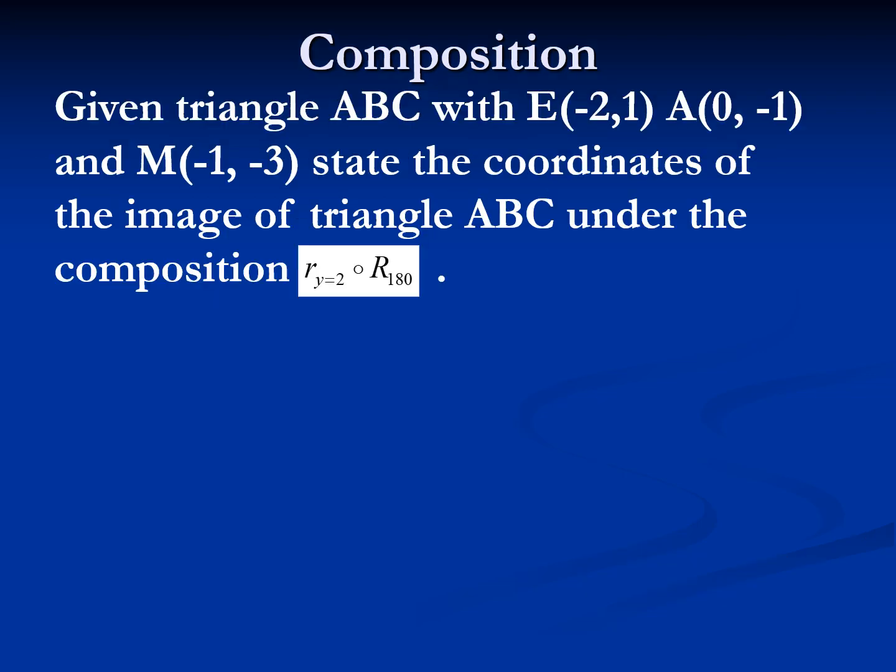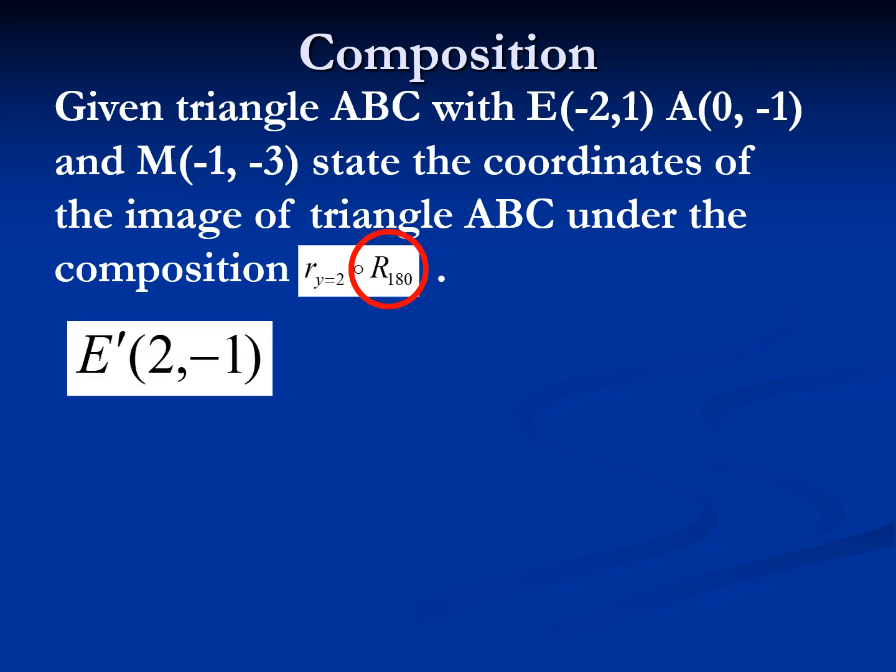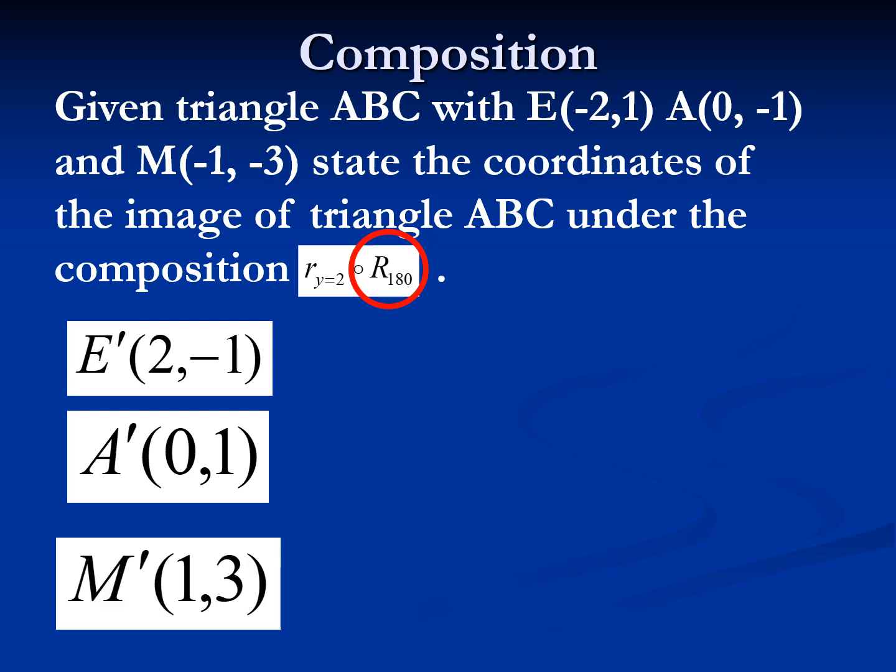So let's do another example. So we have our triangle ABC with E. I changed the letters, no big deal. So we have those 3 points there, and we want to reflect it over the line y equals 2 and rotate it 180 degrees. So we got to rotate 180 degrees first and then reflect it. That we always do the one on the right first.